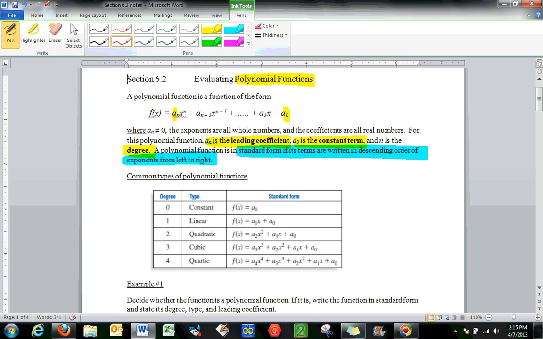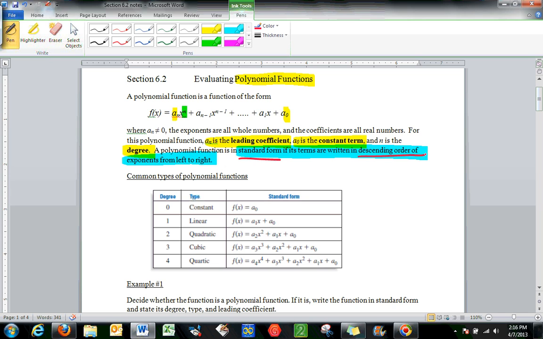And then the degree is going to be the highest value exponent in the polynomial function. And of course, if we're writing these in standard form, the highest degree value or the highest exponent value should be started on the far left, and we should be writing those in descending order of our exponents from left to right.